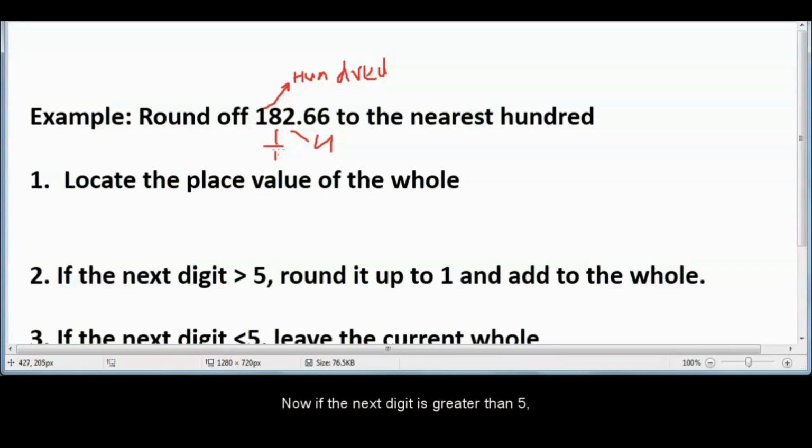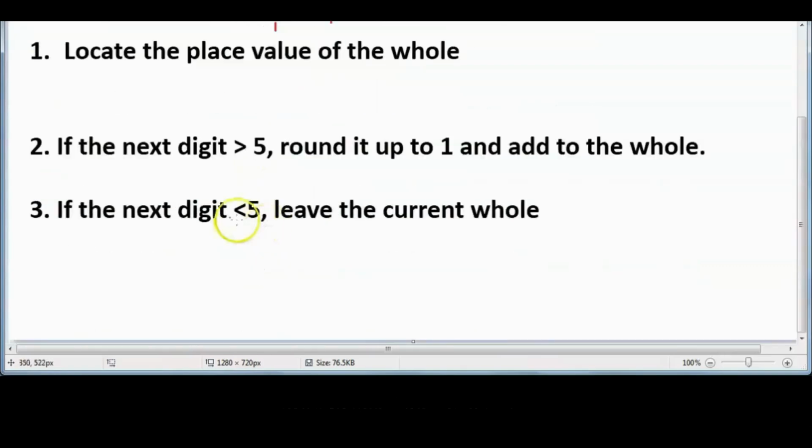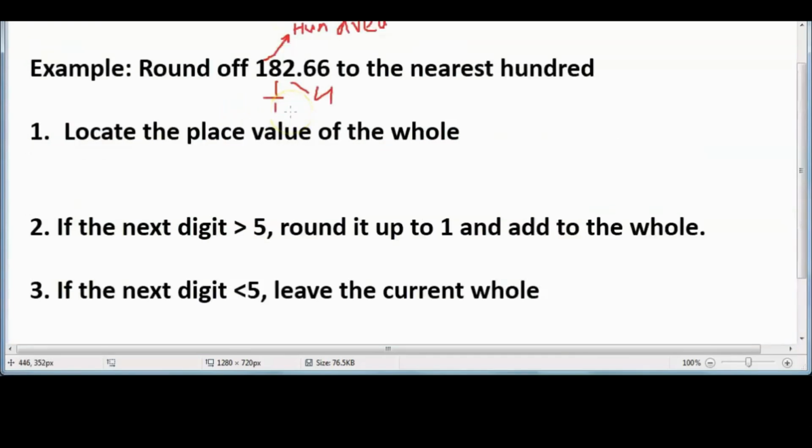Now if the next digit is greater than 5, round it up to 1 and add to the whole. The next digit after 1 is 8. Let me break the numbers here. 182.66.